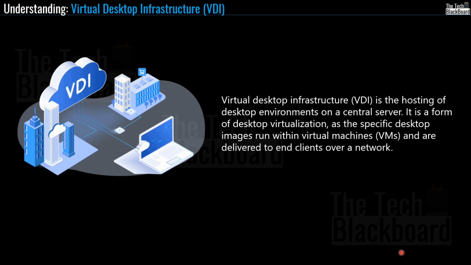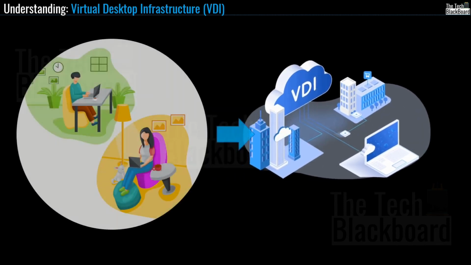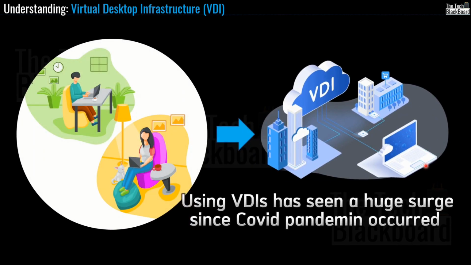It's a form of desktop virtualization, as the specific desktop images run within virtual machines and are delivered to the end clients over the network. Now friends, I guess many of you have already worked with and used VDI, especially during these COVID pandemic times, where the entire workforce has been working from home. So the most obvious solution to work remotely has been enabling VDIs for the entire workforce.